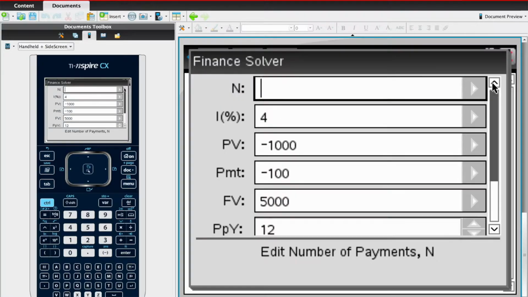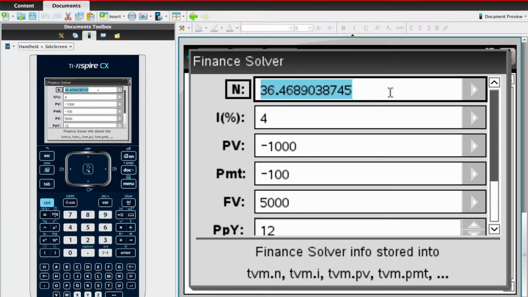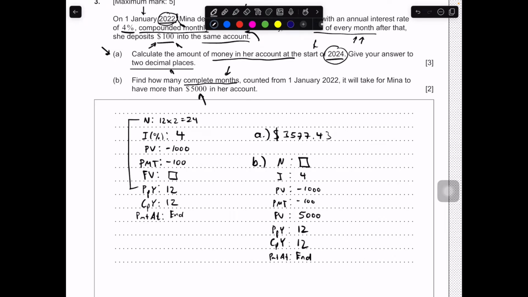Okay, this looks good. Press enter, and just going back to the document itself, it looks like we have 36.5 months. And of course, again, how many complete months? How many complete months will it take?